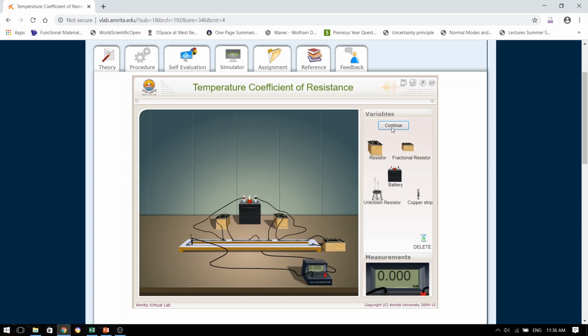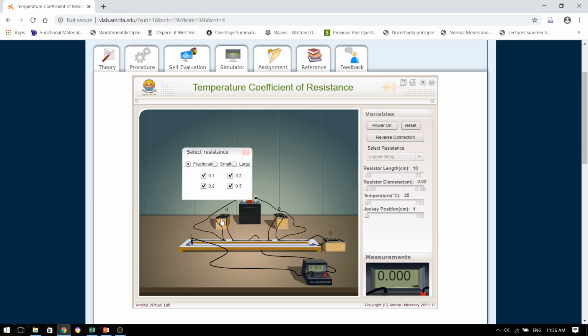So we will continue. In this scenario, the values of the resistance box are seen in front of us, which is now 0. So we have to first choose some finite value. When you click on this, you will be able to see various values which you can choose at your own will. Let us perform this experiment for 0.5 ohms.